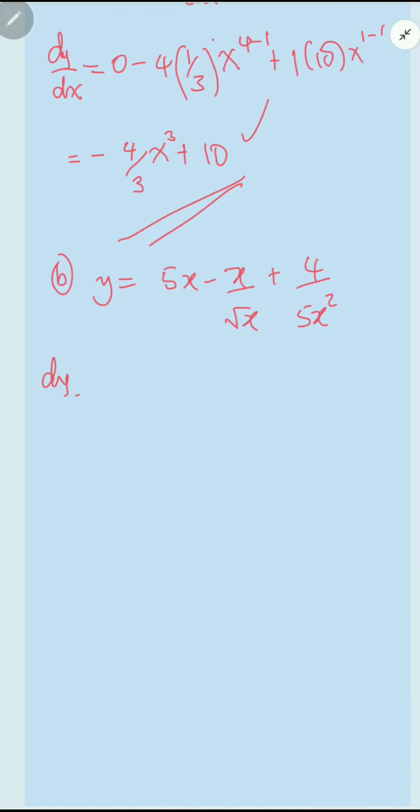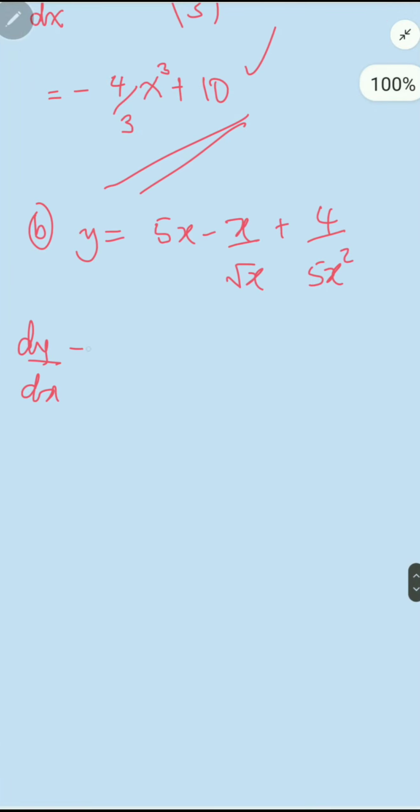So dy over dx will simply be equal to, so for 5x, the one will come and multiply there, so you are just going to remain with 5. Then before we come to the derivative, let's first simplify this further.